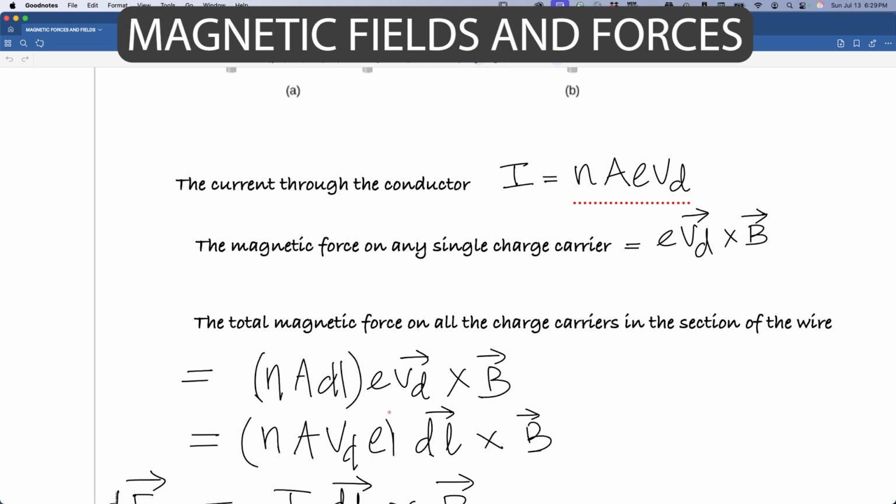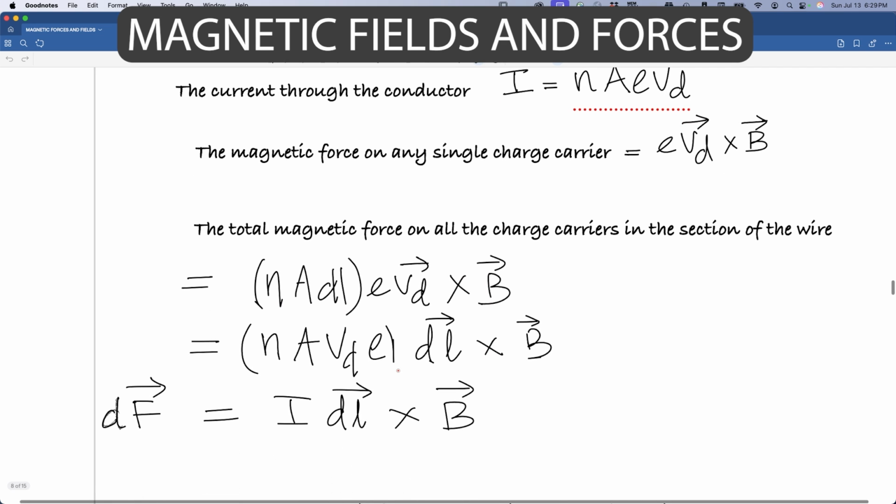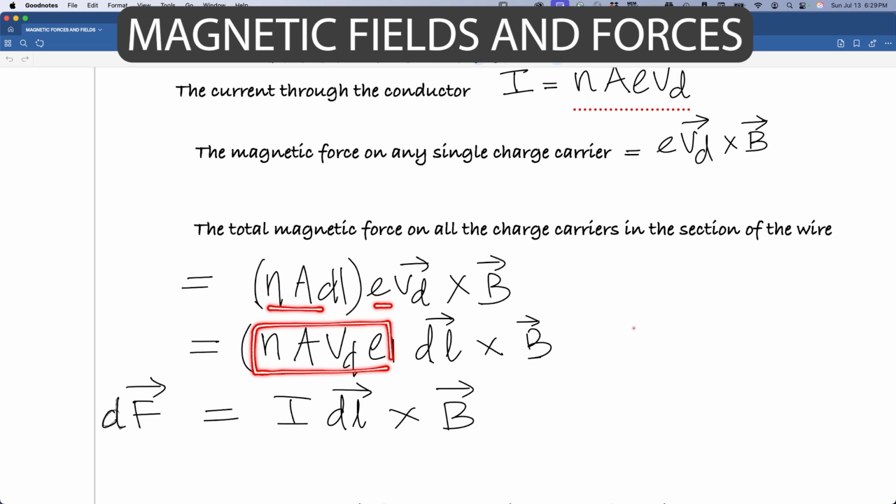So you multiply that with this, you get the total force. That's what has been done. This is the force on a single electron, and then you multiply it with the number of electrons to get the total force. Okay. So now look at this. I have rearranged this. I've picked these together. You know why I did that? Because I know that these together is called I.